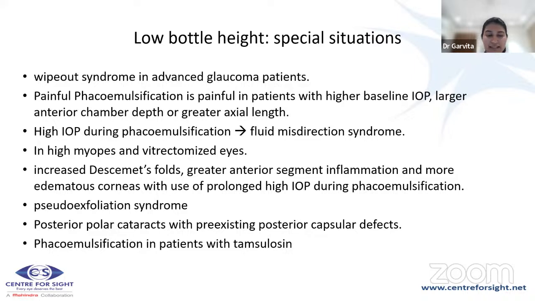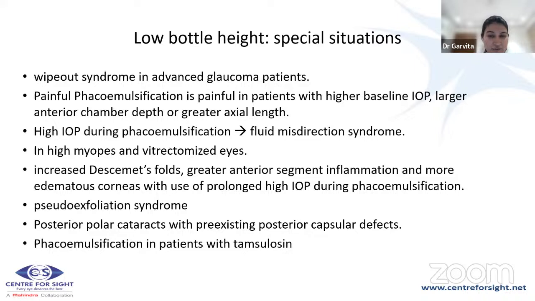Further increasing bottle height can only increase the stress on these zonules. Also, posterior polar cataracts, which we already know have a pre-existing posterior capsular defect. For example, if we already see a defective posterior capsule on ASOCT, in such cases we are expecting a PCR. So, in such cases, bottle height goes down so as to not disturb the hyaloid face.